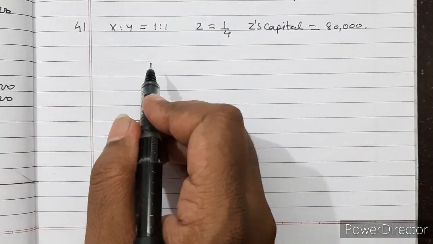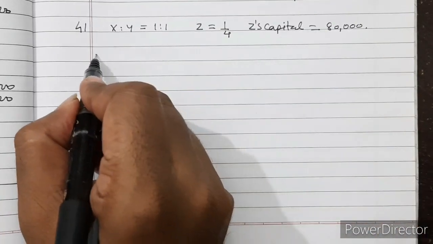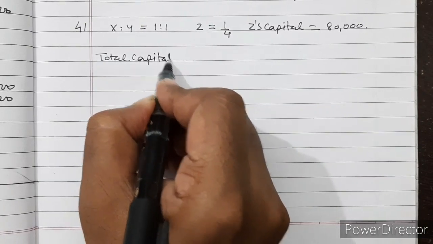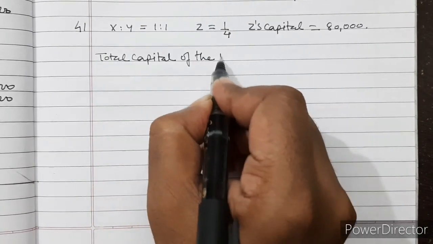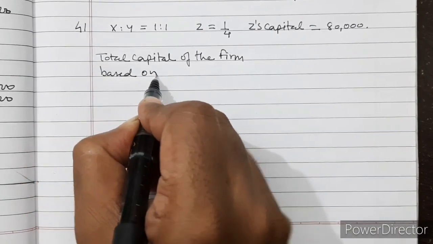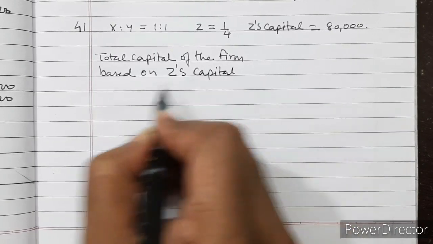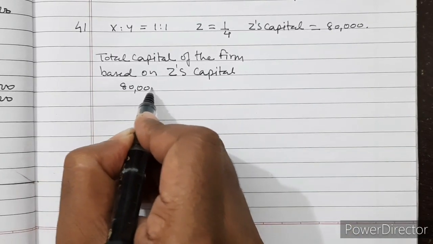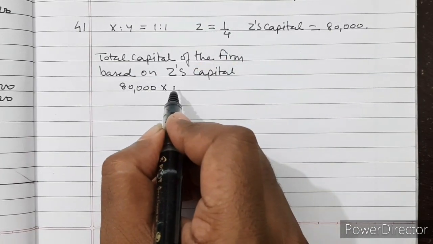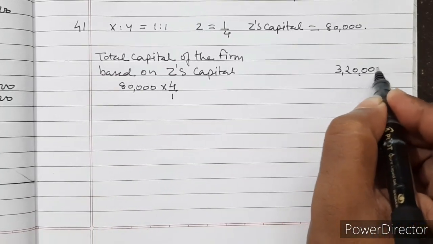Now first we will calculate the total capital of the firm based on Z's capital. That is 80,000 into reciprocal of his portion of profit, that is 4/1. So it will be 3,20,000.